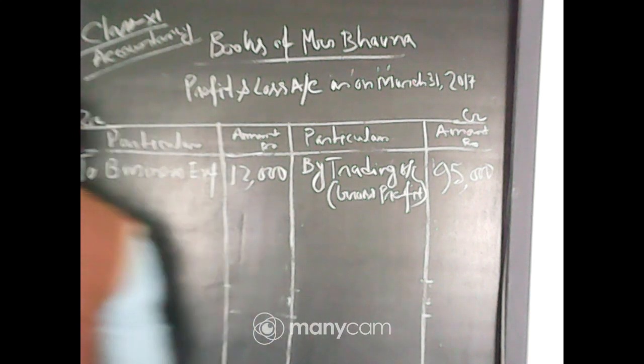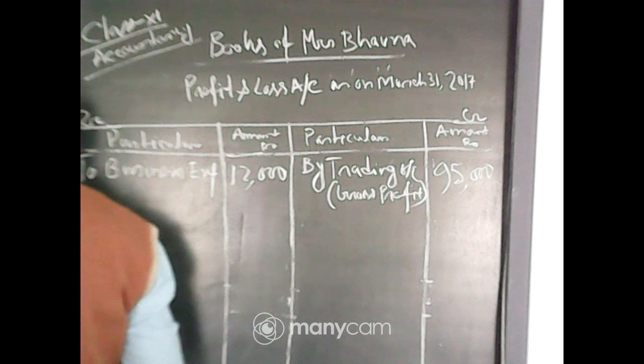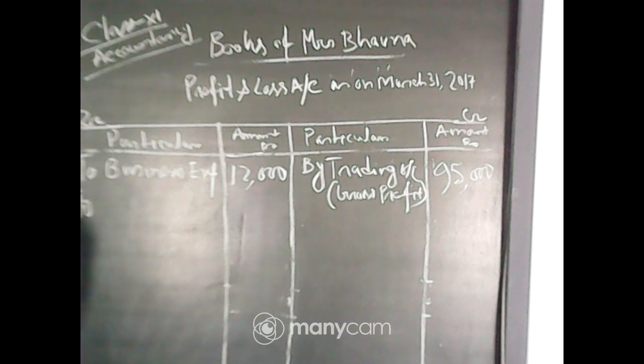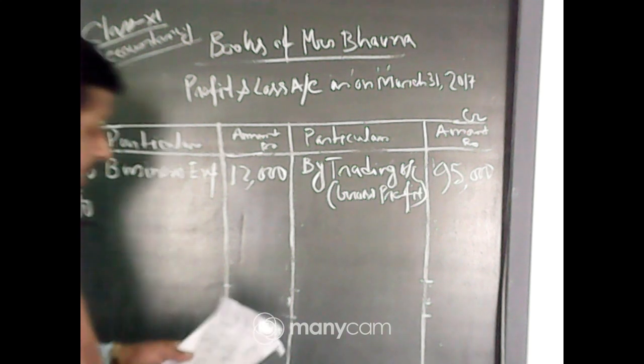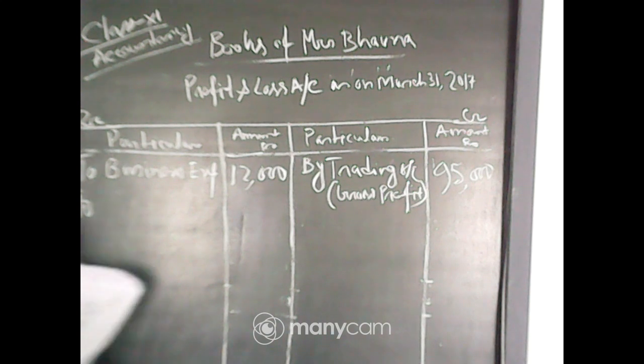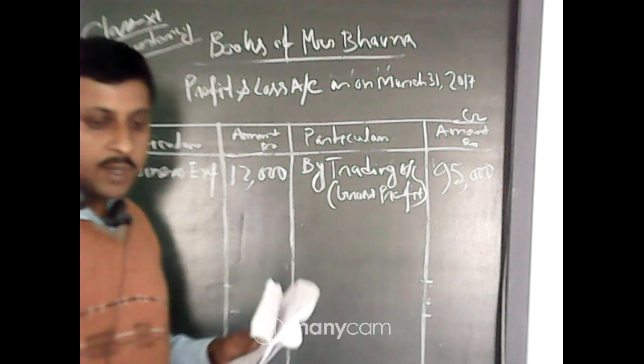Are there other expenses or not, you have to see. Yes, you can see at the last there is an adjustment. All the sales and purchases were on credit. Now next is provide depreciation on plant and building by 10% and machinery by 5%, and make a provision for bad debt by 5%. You have already done the final accounts.